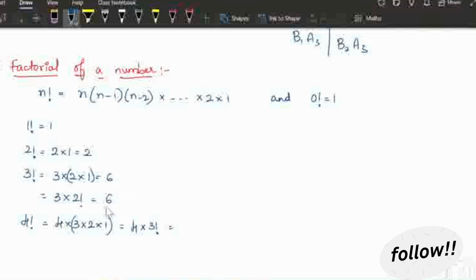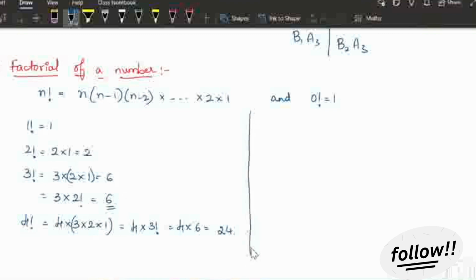So now we know 3 factorial is 6. So 4 into 6 gives you 24. Okay, so once you know factorial of any given number, you can find out what is factorial of the next number by multiplying a number with its previous factorial.